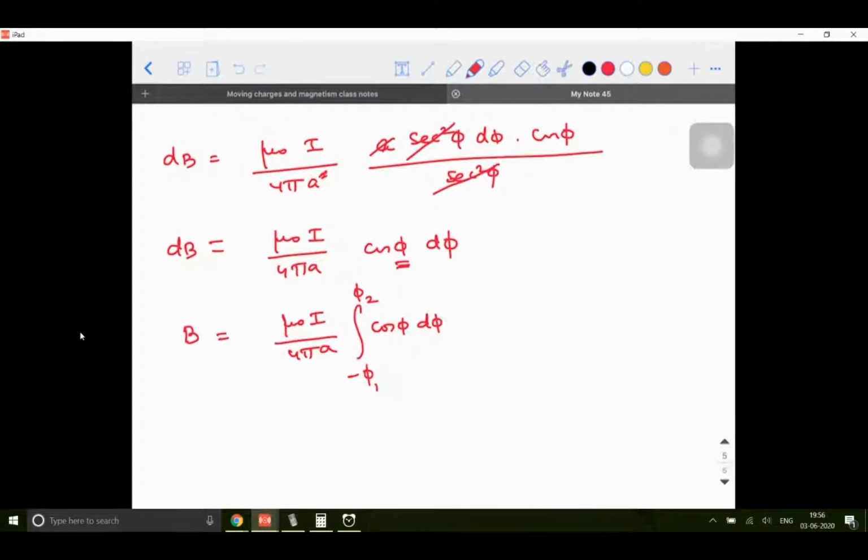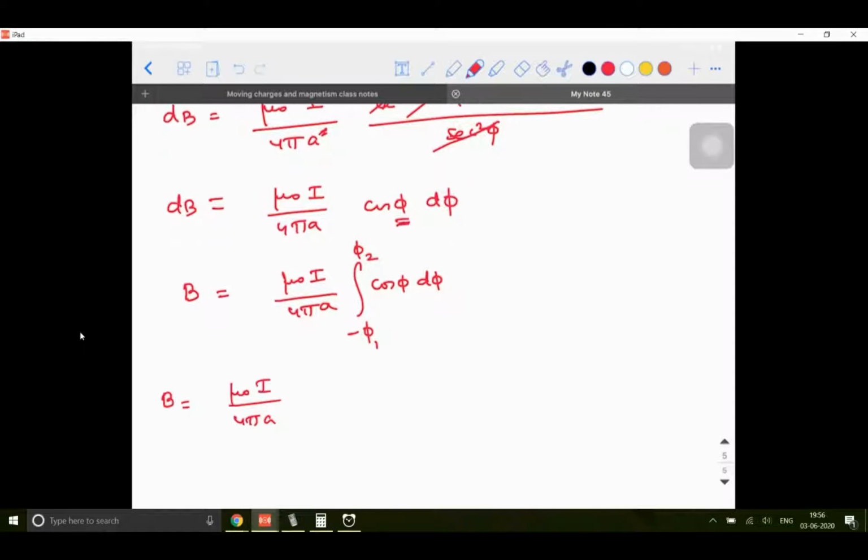Can you repeat why you took minus? I will explain it. See, if I take the conductor to be like this, if this is dl, and this is the length L, and I take this point to be P, then if I take this to be phi, and join from this point to the ending point, phi is the angle made with respect to this horizontal.